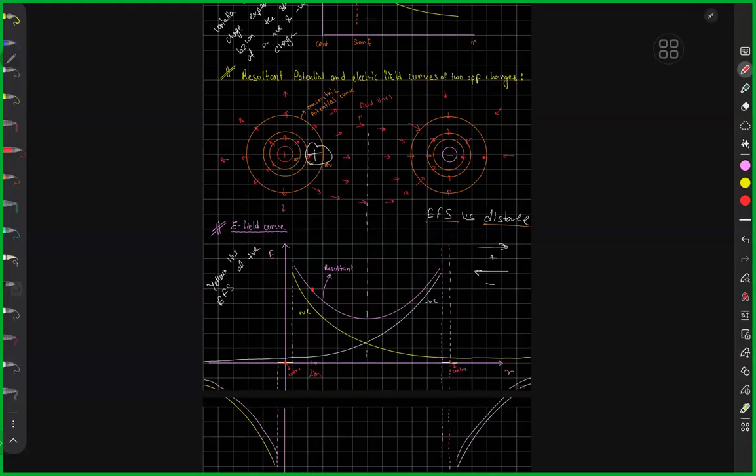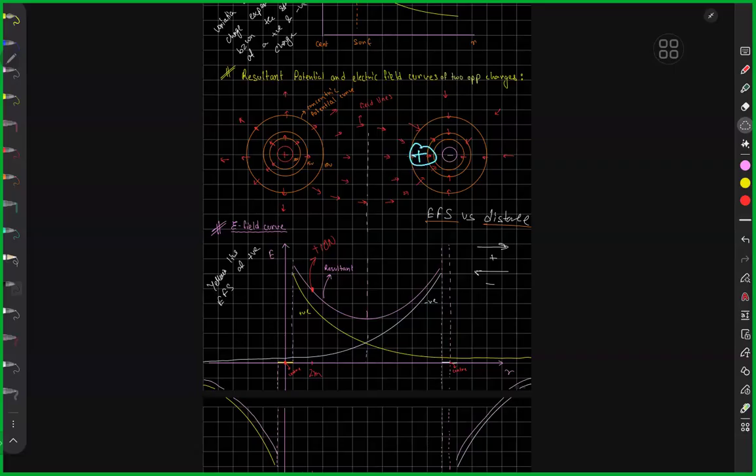What is the resultant force? Let's say it is giving me 10 newtons plus. What does 10 newton plus mean? That it is feeling a force of 10 newtons in the rightward direction. So my positive charge, if placed here, feels 10 newtons of force in this direction, towards the negative.